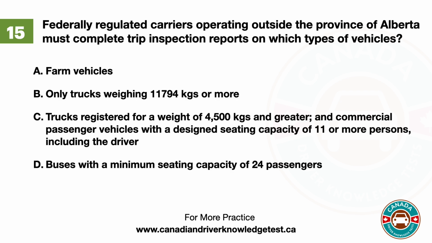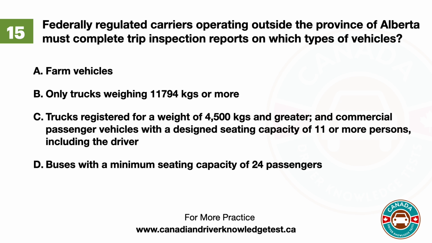Question 15. Federally regulated carriers operating outside the province of Alberta must complete trip inspection reports on which types of vehicles? A. Farm vehicles. B. Only trucks weighing 11,794 kilograms or more.